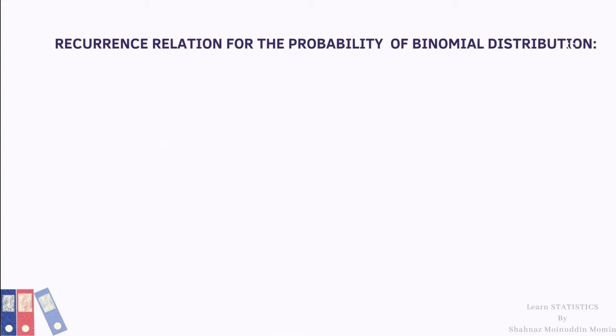Now probability x plus 1 divided by probability x is equal to nC(x plus 1) p divided by q into nCx.